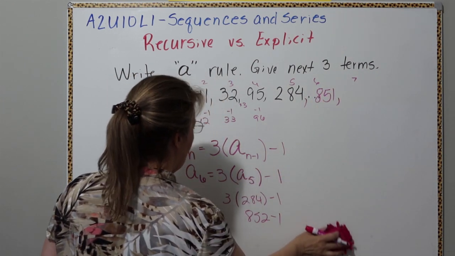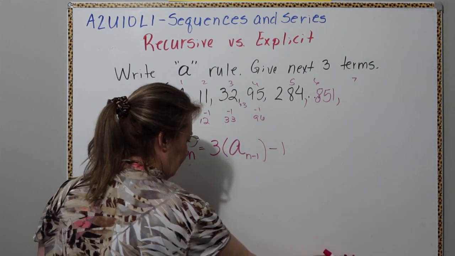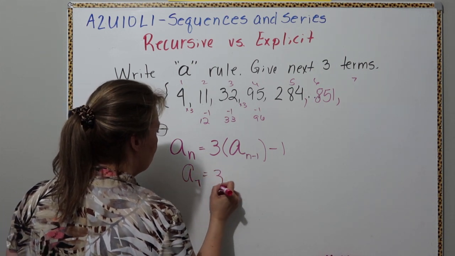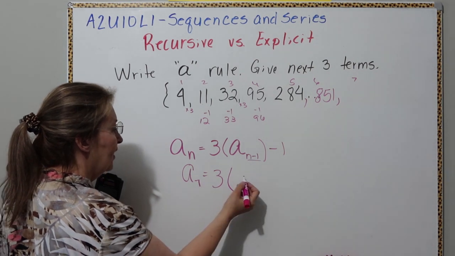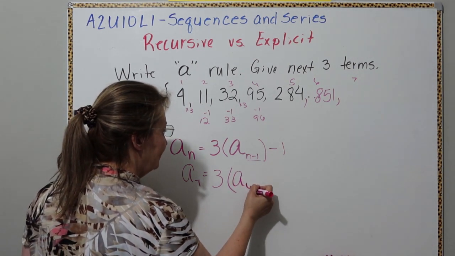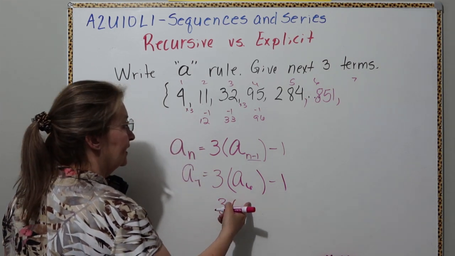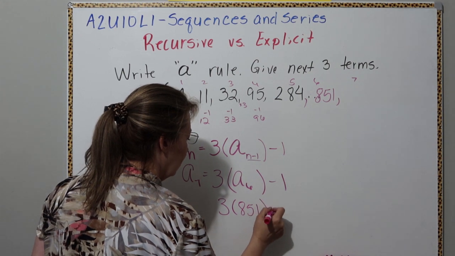All right, now let's look at how to find the 7th term. So my A7 is going to be 3 times, all right, what's n minus 1? 7 minus 1 is A6, minus 1. What was A6? We just found it. 851.